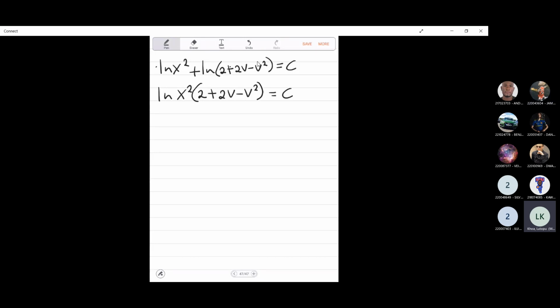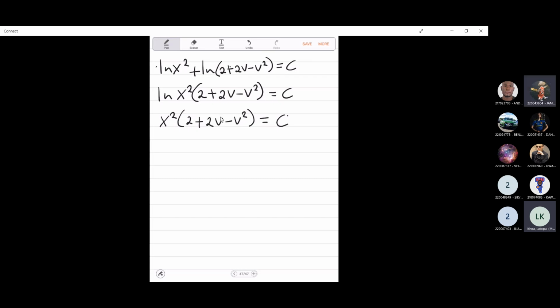And I can rewrite this as e to the power of something. So we have x squared times 2 plus 2v minus v squared. This is e to the power of c, but again, e to the power of c is a constant. So this is also equal to a constant. If it helps you, choose a different letter, let's say k, for example.